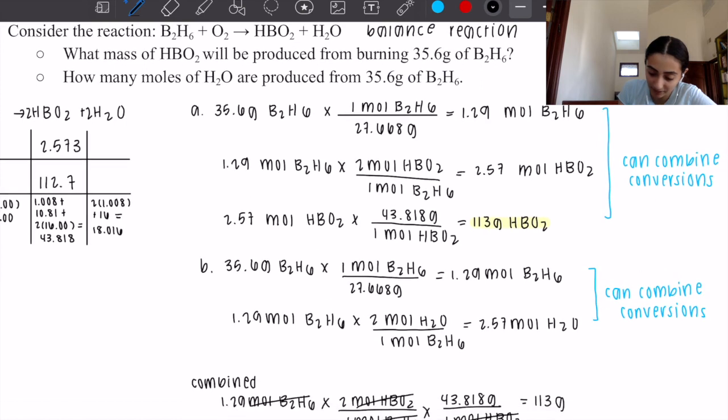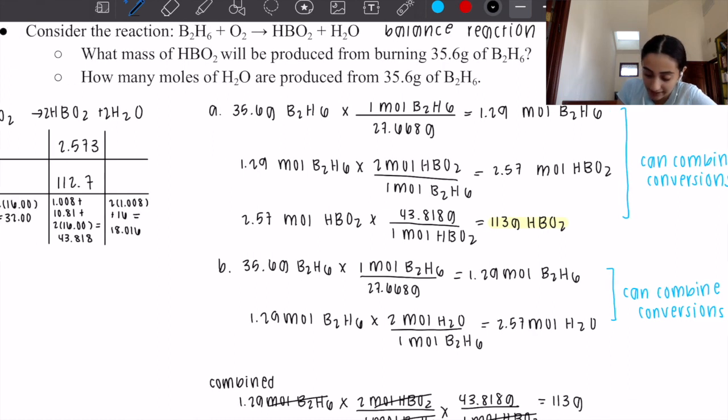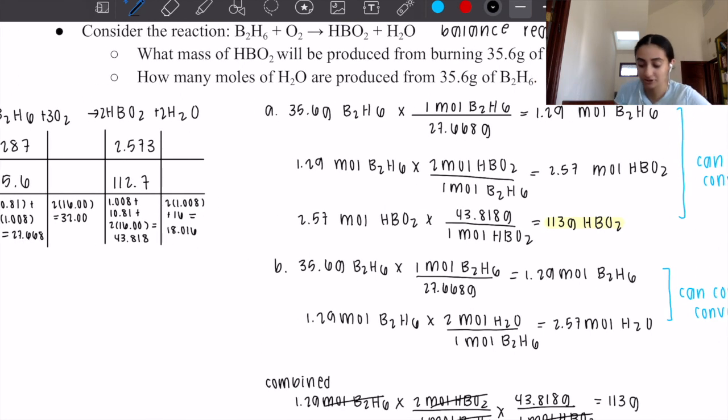Okay, so for the second part of the question, how many moles of H2O are produced from burning 35.6 grams of B2H6? So I converted the grams of B2H6 into moles again, and then multiplied that by the mole ratio of H2O. So there are 2 moles of H2O per 1 mole of B2H6 in the reaction.